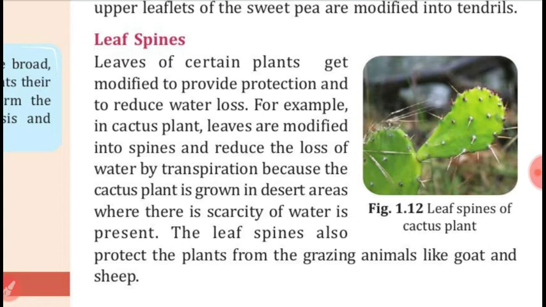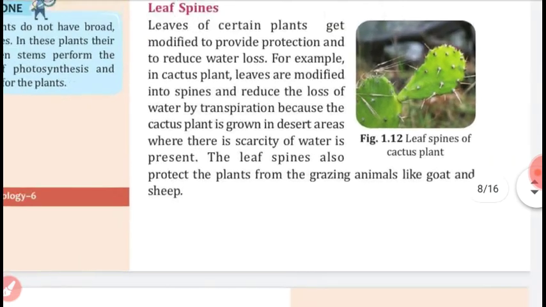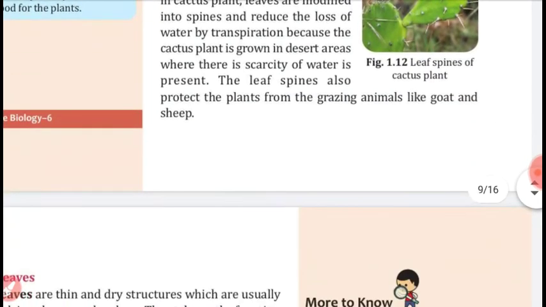In that cactus plant, leaves are there, but they are modified into spines, to reduce the loss of water by transpiration. Why? Because cactus plants grow in desert areas, and in those desert areas there is a lack of water. Okay, so students, some leaf spines are also for the protection of the plant from grazing animals.